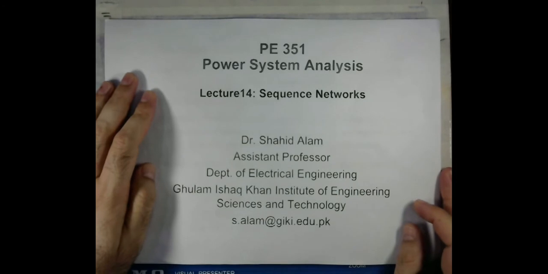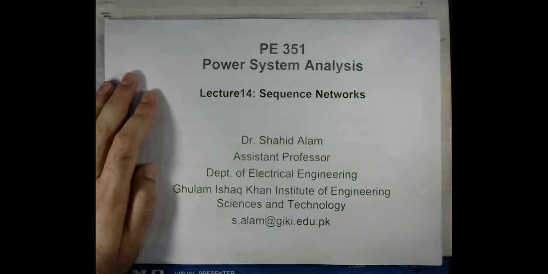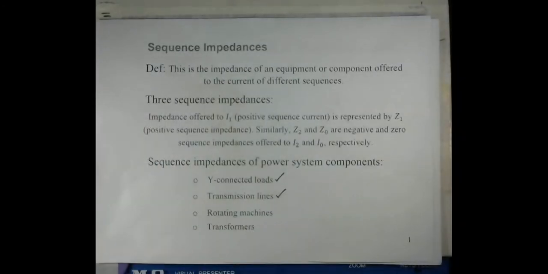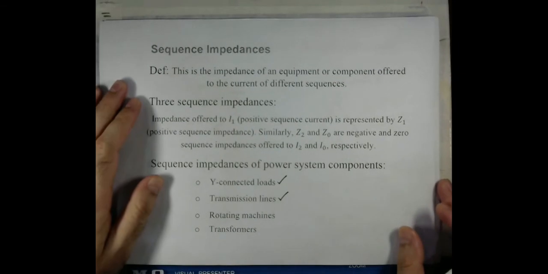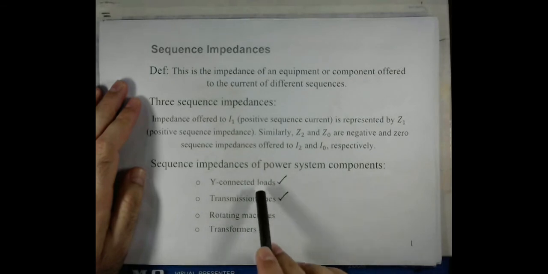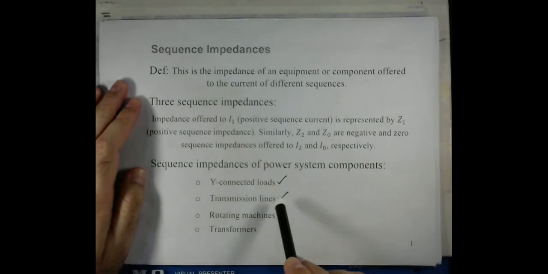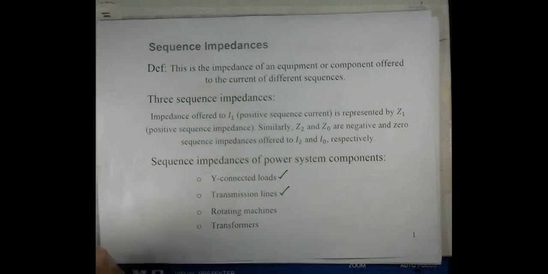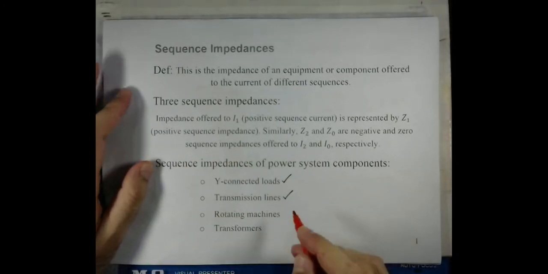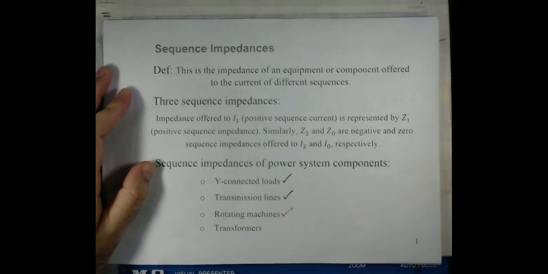Welcome back, dear students. As you know, in the last few lectures we have talked about the sequence networks. We covered in the last two lectures the sequence networks of the Y-connected loads and transmission lines, and in the lecture just before this one, I also covered the rotating machine.